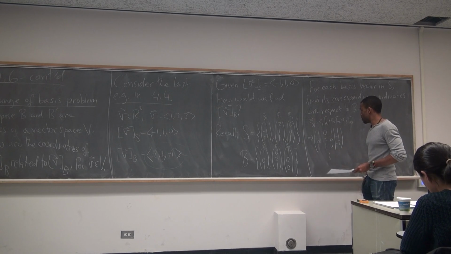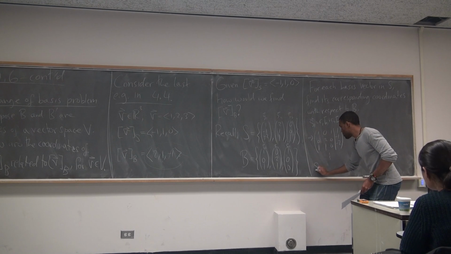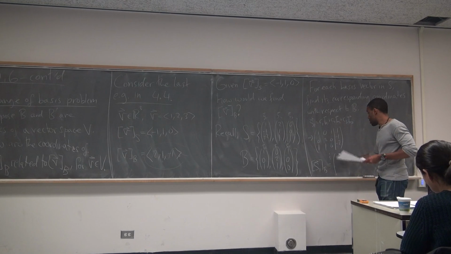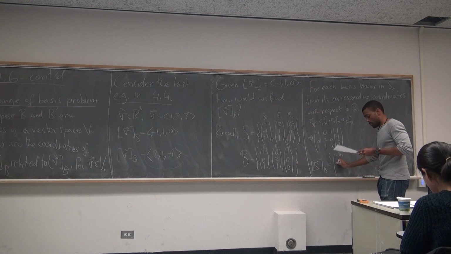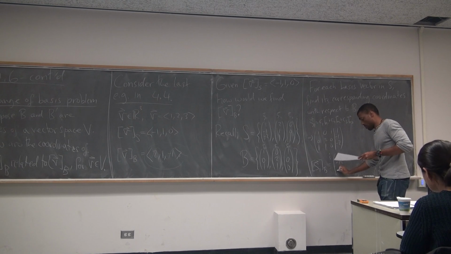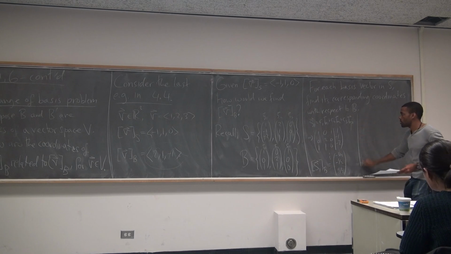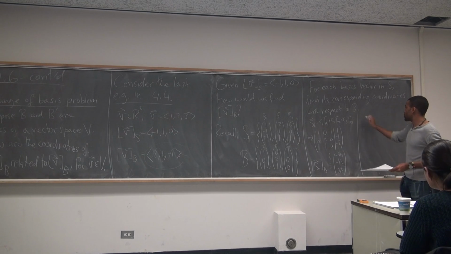It turns out that if I take S1 with respect to B, I end up with the vector (-3/2, -1/2, 5/2). I do the same thing for S2.